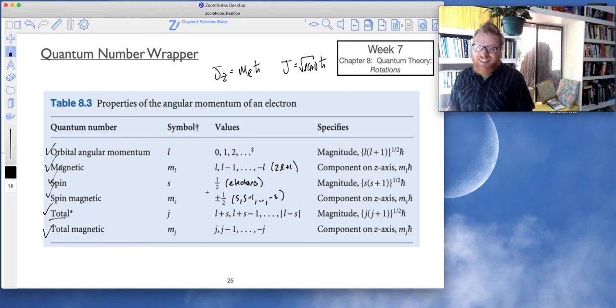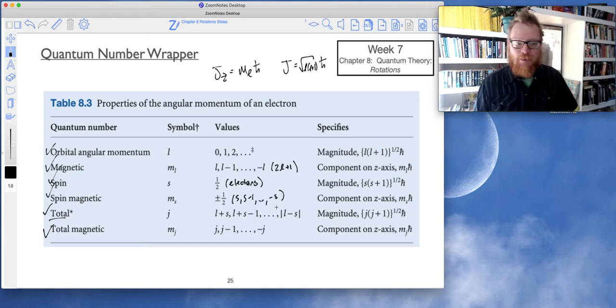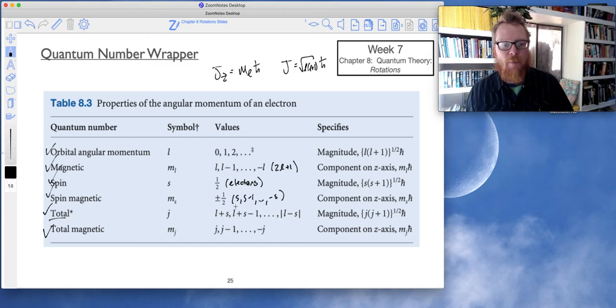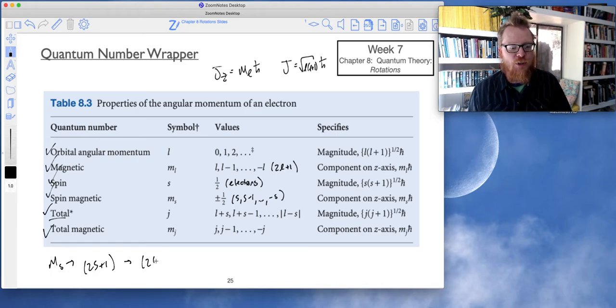ms technically does the same thing. It goes from S to S minus 1 all the way to minus S. And just to demonstrate that, ms has 2s plus 1 values. And because s is only equal to 1/2 for electrons, we get 2 times 1/2 plus 1 equals 2 values.